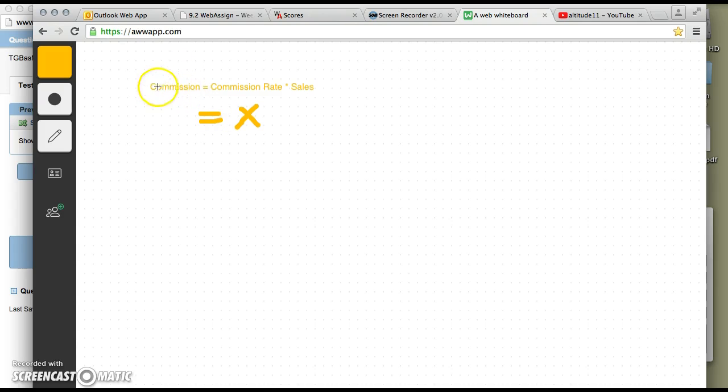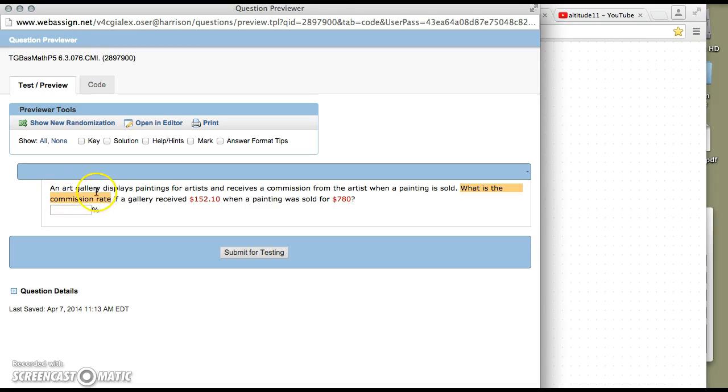All right. Well, let's find the amount of commission that we have gained here. It says an art gallery displays paintings for artists and receives a commission when the artist's paintings are sold.